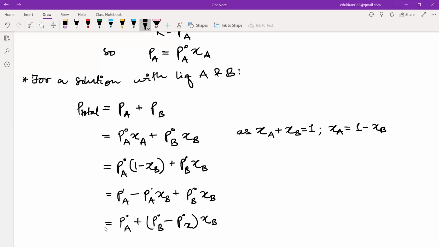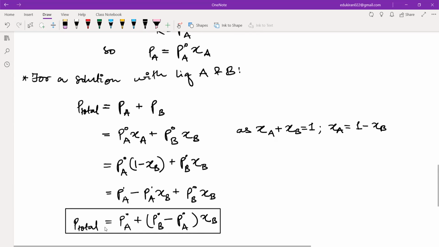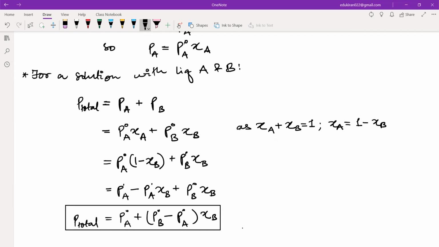Now this equation is very important. This is P total. Please write this down. This equation is very important, then I will tell you why this equation is so important.